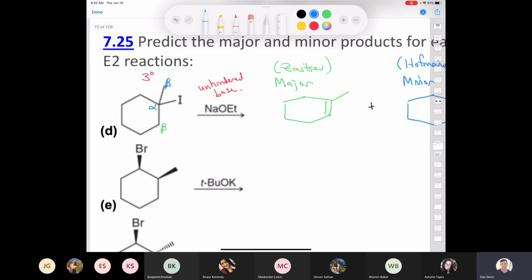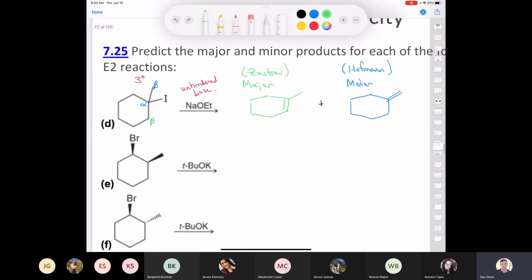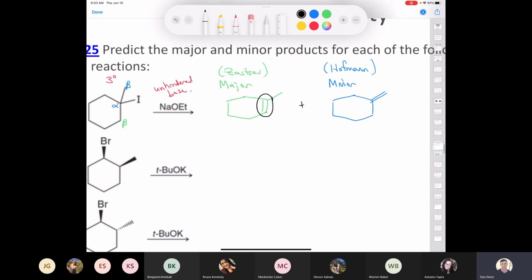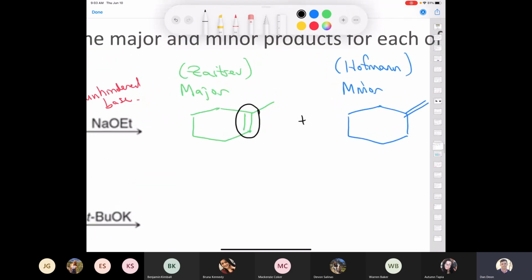You draw one product that has the double bond between this alpha and beta. You draw the other product, which has the double bond between this alpha and beta. You look at the substitution. This double bond, with the black circle around it, could anybody tell me what the substitution is? Is that mono substituted, di substituted, tri substituted, tetra substituted?